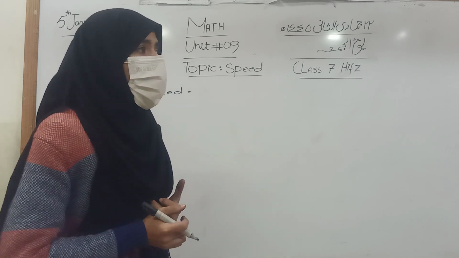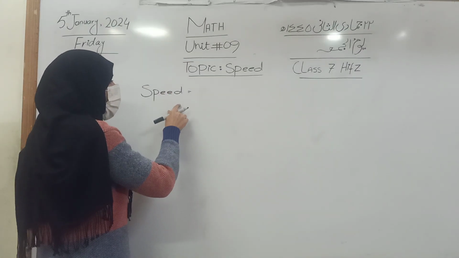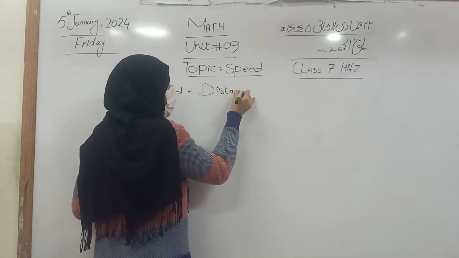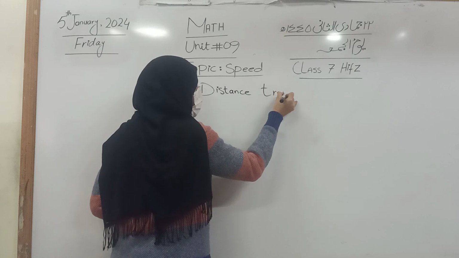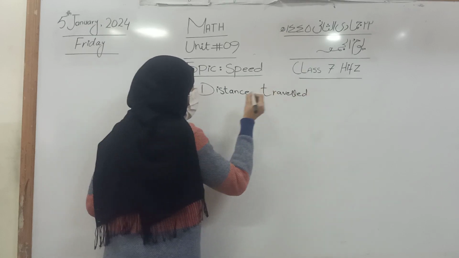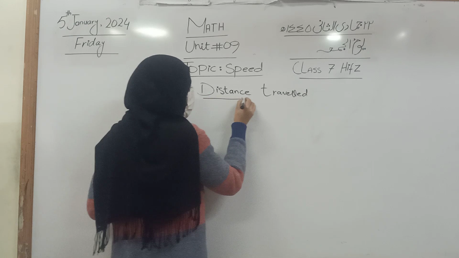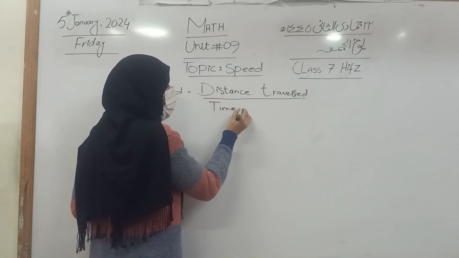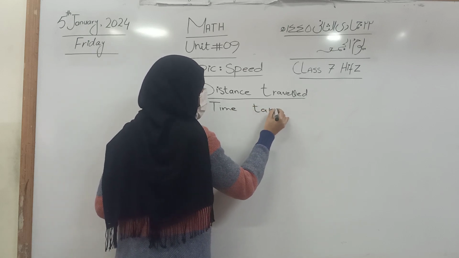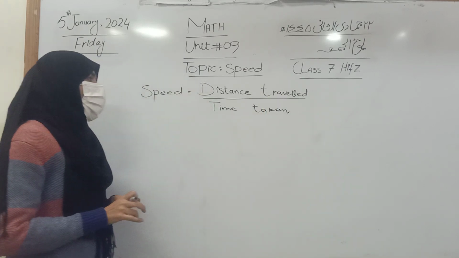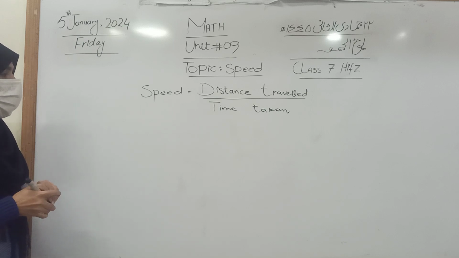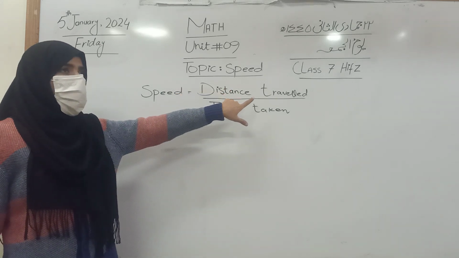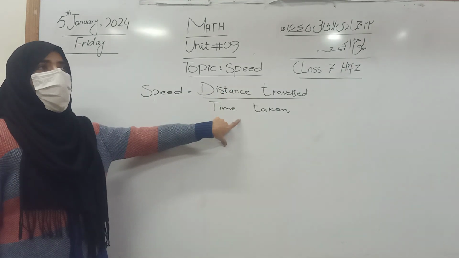So we can say that the speed of an object can be defined as the distance travelled by an object divided by the time taken by the object to cover the distance. Now what I have written here: speed is equal to distance travelled divided by time taken.